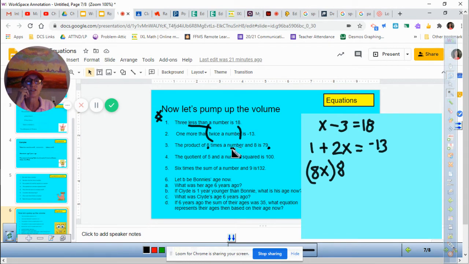Whoa, I think I made a mistake here. Nope, I didn't. The product of 8 times a number and 8 is 79. I multiply these so we end up with 64x is 79. That was a tough one.